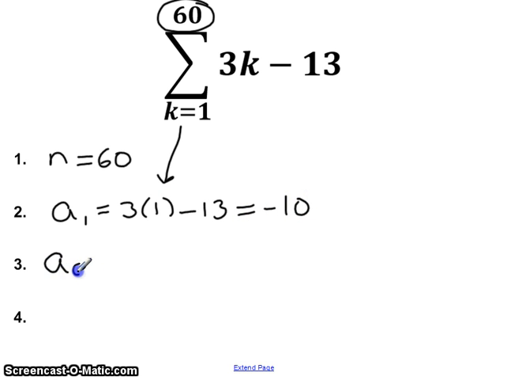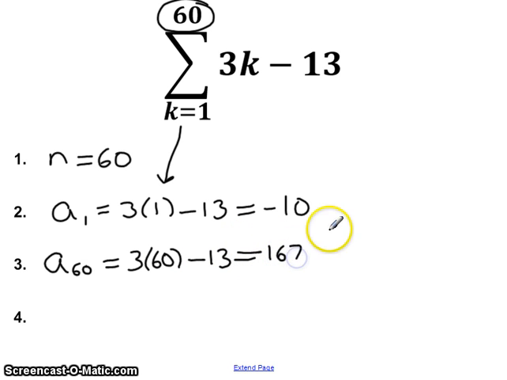Let's find a sub 60. That's going to be 3 times 60 minus 13. 3 times 60 is 180 minus 13. That gives us 167.